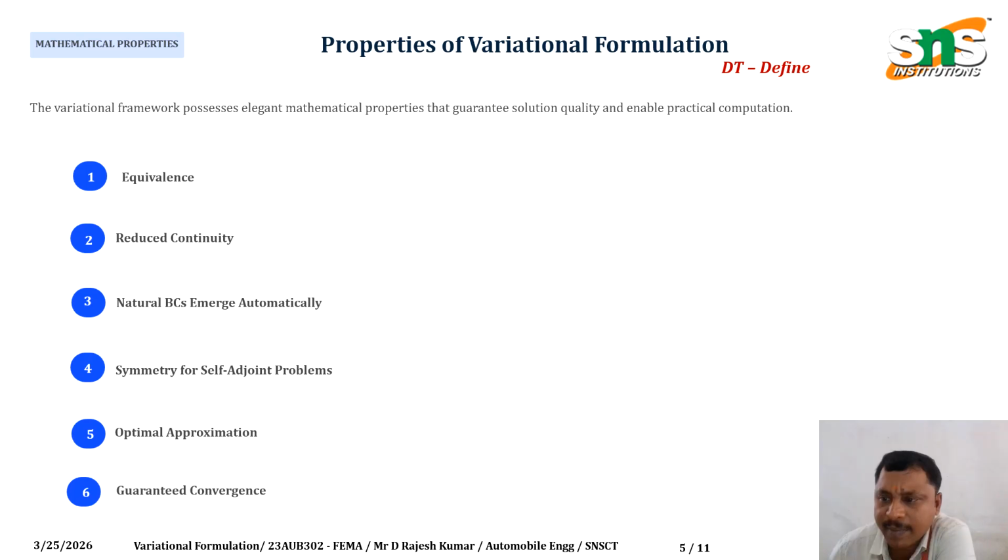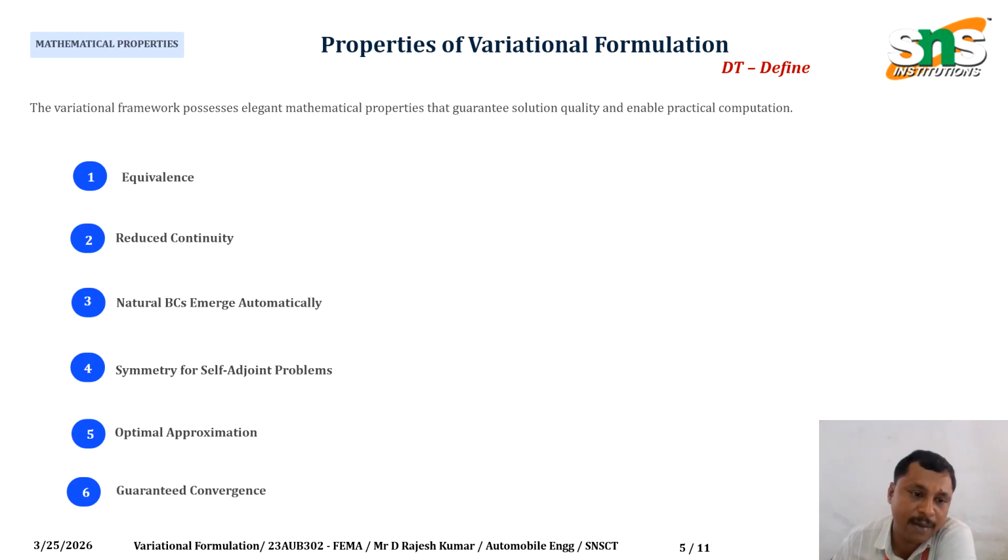This relaxation permits piecewise polynomial approximations. The third property is that natural boundary conditions emerge automatically. Natural boundary conditions appear naturally during integration by parts, requiring no explicit enforcement.